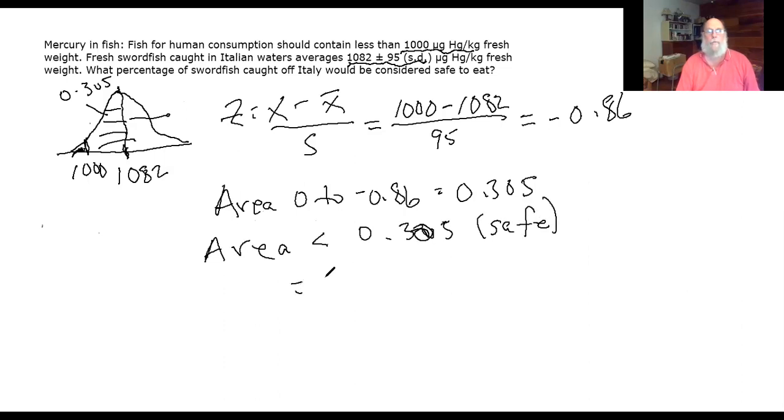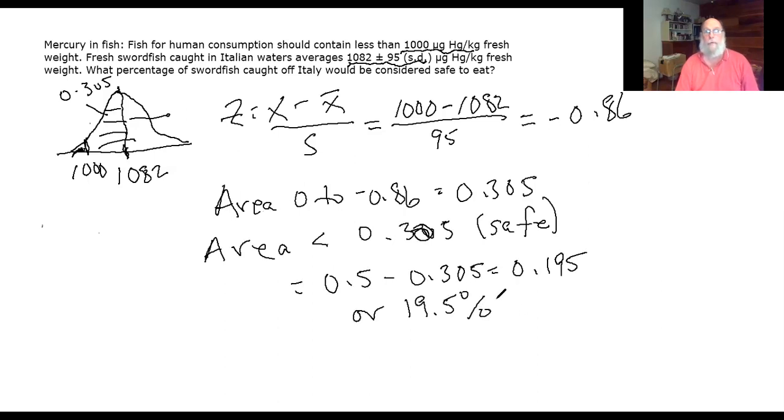And that is 0.5, the total from 0 to negative infinity, minus 0.305, and that equals 0.195, or 19.5, or just under 20% of the fish you catch, the swordfish that you might catch off the shores of Italy, are safe to eat.